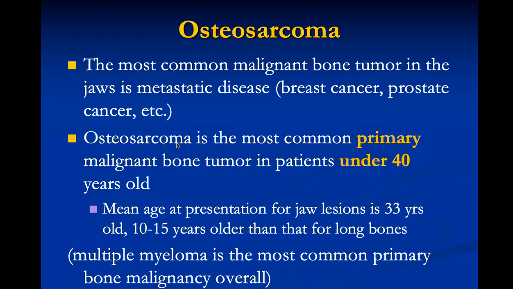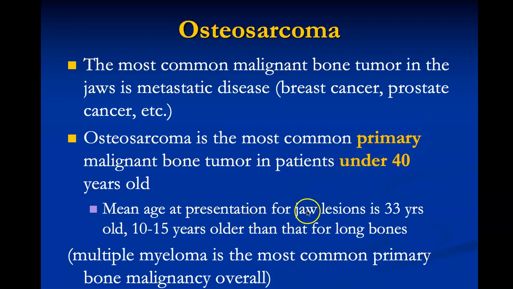The difference is, if we want to parse that down into age, if we look under 40, osteosarcoma is more common, because most people who get multiple myeloma are over 40. So for patients who are under 40 who have malignancies in the bone, the most common primary bone tumor is osteosarcoma.